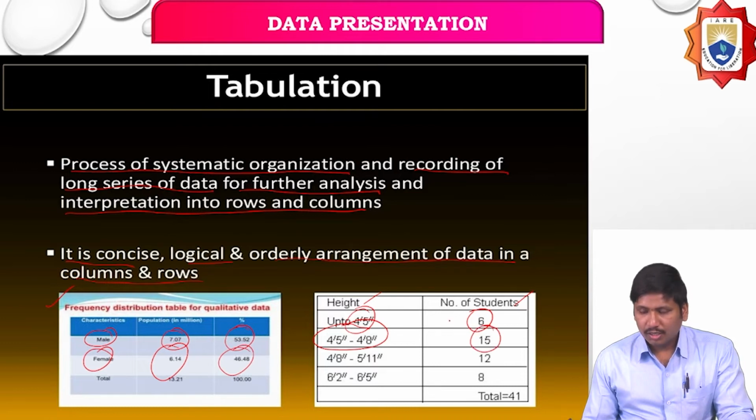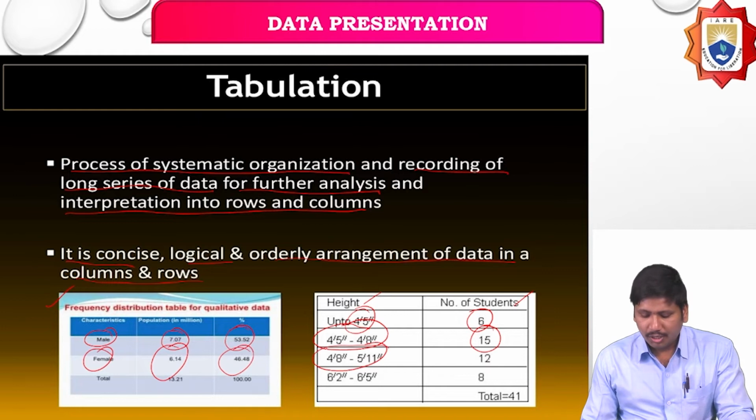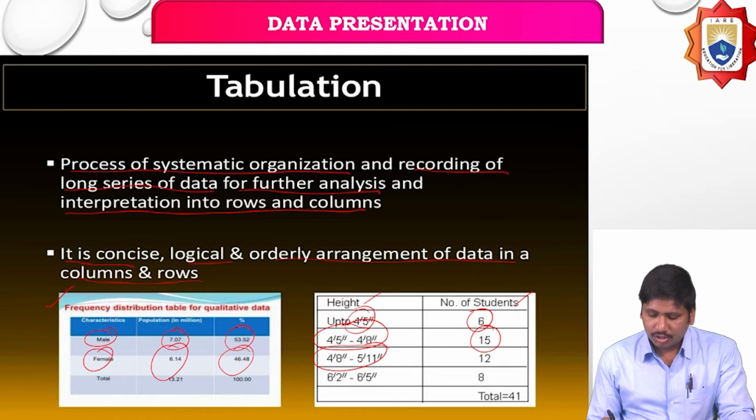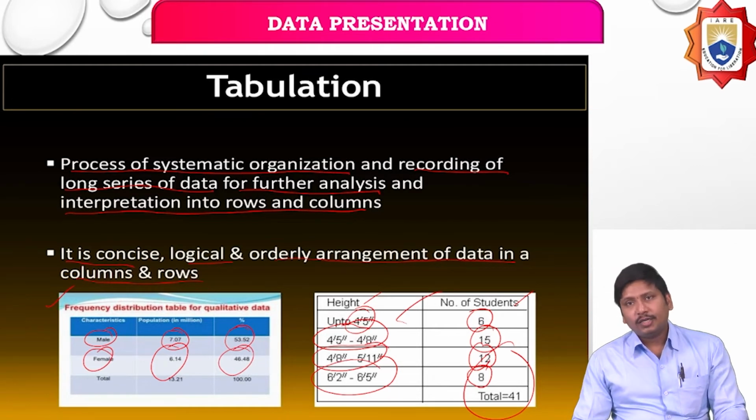And then in between 4.8 to 5.11, how many students are present, 12. And in between 6.2 to 6.5, 8 students. So what is the total, 41. Like this I can represent the data in the form of tables.